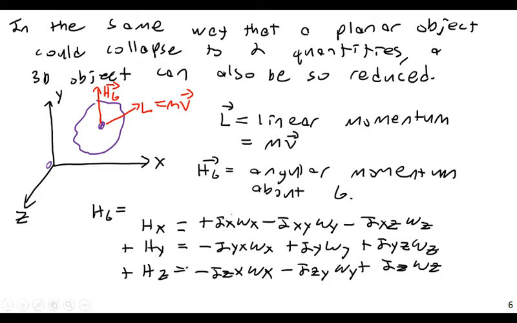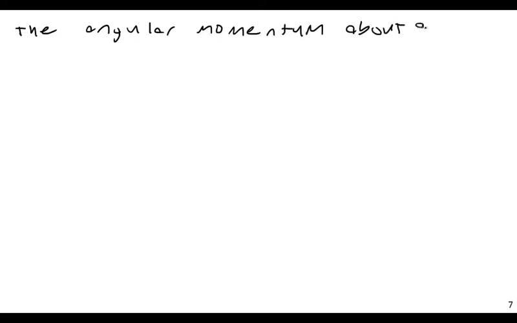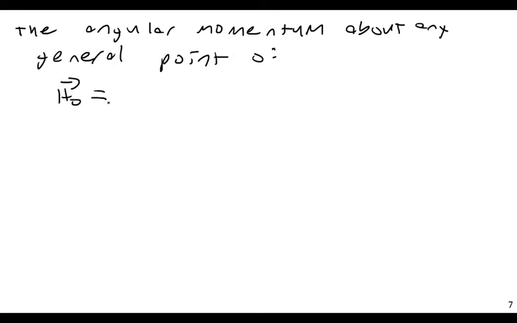If I wanted to find the angular momentum about any other point, so this is the angular momentum about the center of gravity, but what about some other point? The angular momentum about any generic point O, or about the origin as I had it drawn previously, would simply be HO equals R cross MV plus HG.